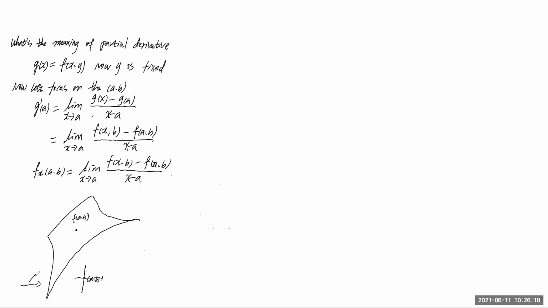We are in R^3, with this the x direction and this the y direction. Since b is fixed, x is changing. We can say that a line close to this line will be mapped to a curve in this space.